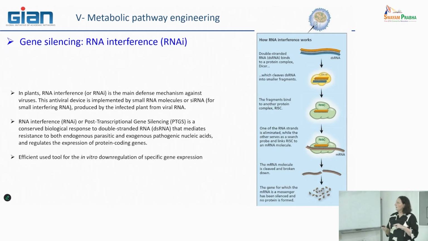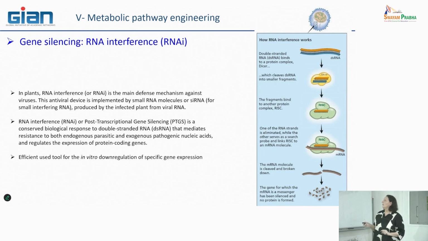And at this moment, another protein complex named RISC takes charge of this small double strand of RNA and is able to separate them and to maintain in the complex only one strand of this double strand. And what happens after?